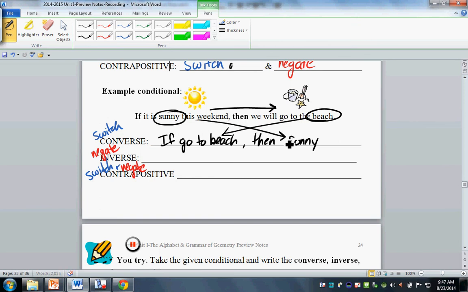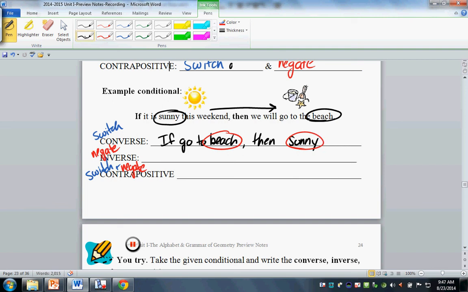That's called converse. So it started if sunny, then beach. Converse is if beach, then sunny.